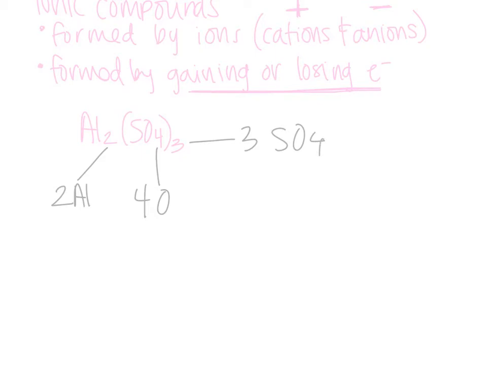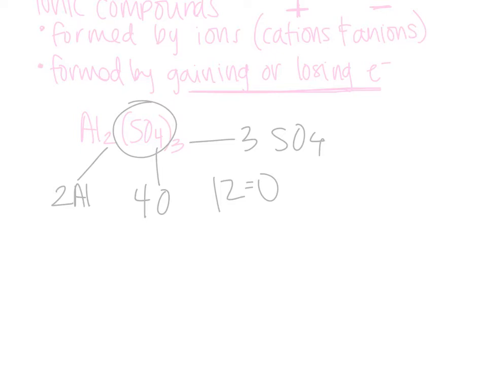So if I were to ask how many oxygens there were, we could multiply so that we know there are 4 right here, and there are 3 of this ion, so we just multiply those numbers together and we get 12 oxygens. Okay, that's just one of the things we have to know when we work with ionic compounds.